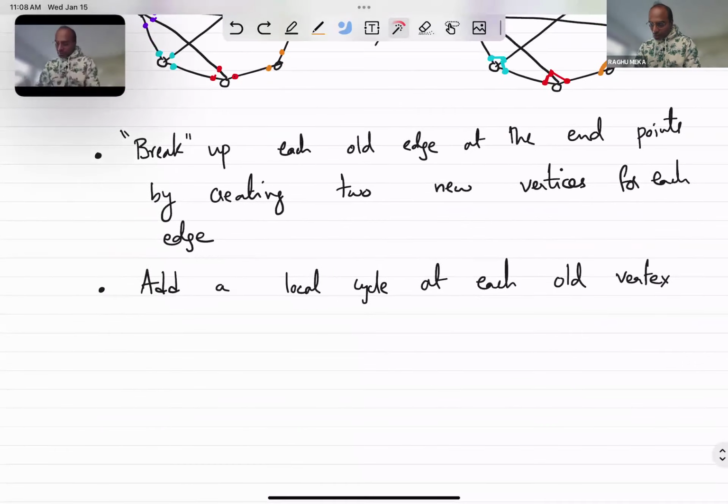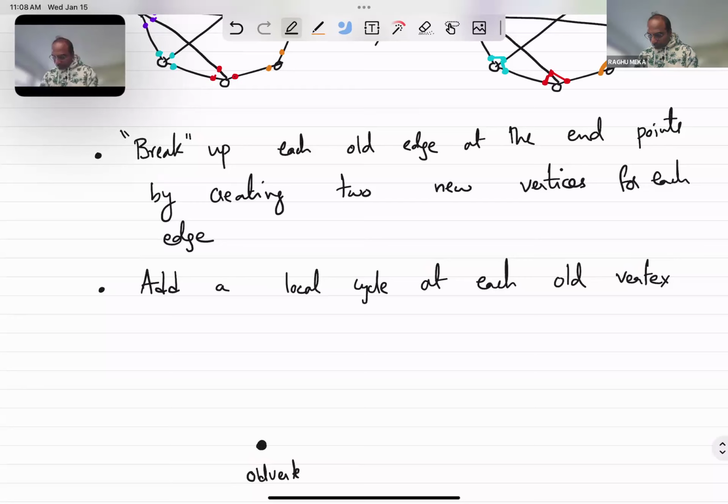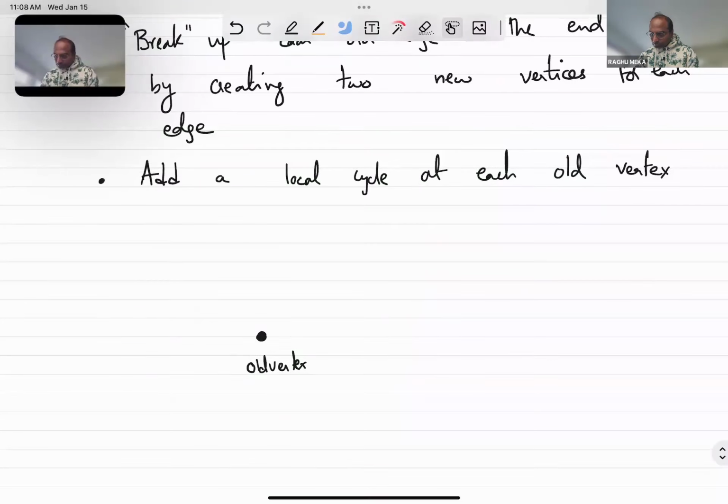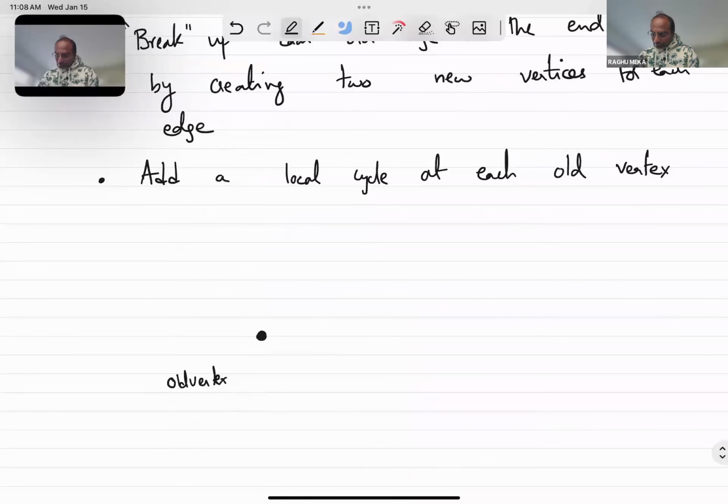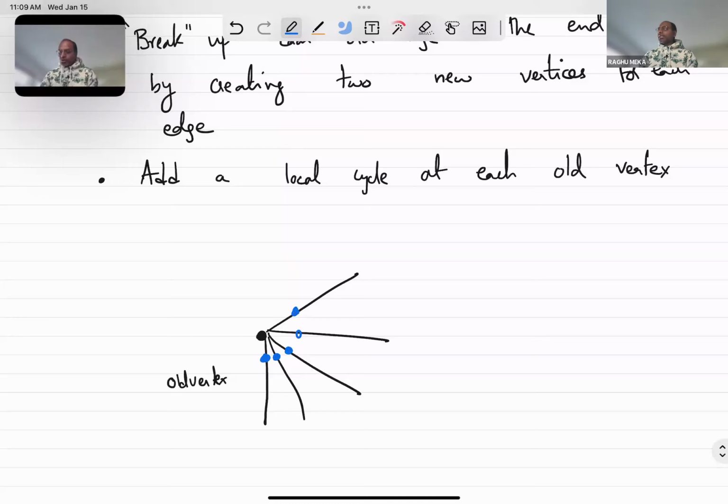So locally, it looks like something like this. This is my old vertex, and let's say I have edges like this. Now I'm breaking this up by creating new vertices.